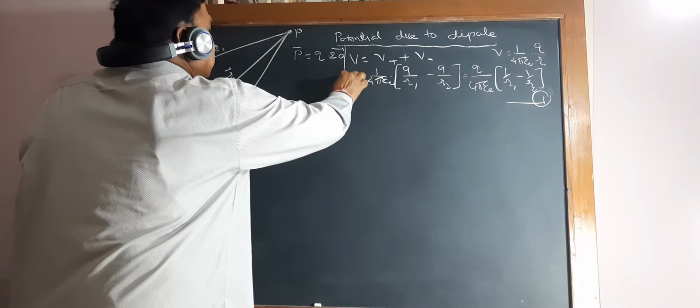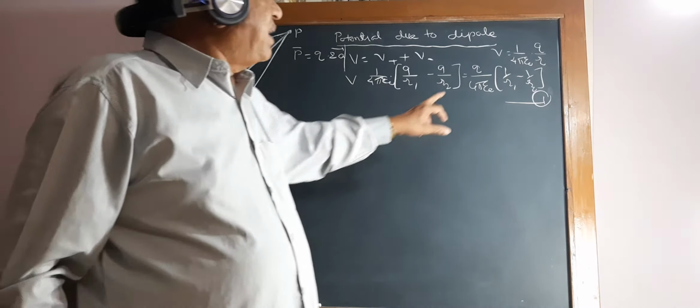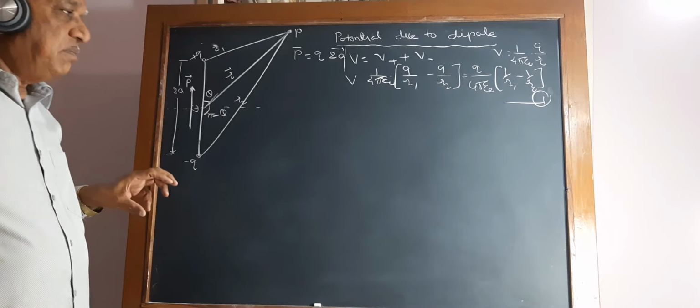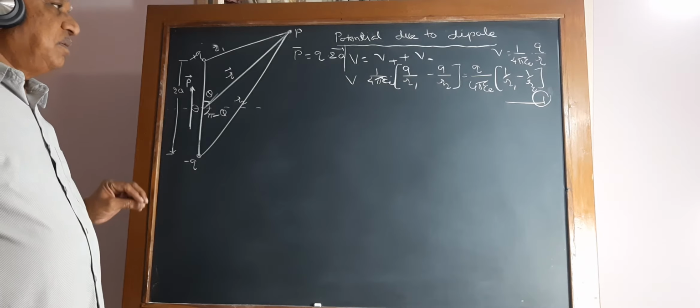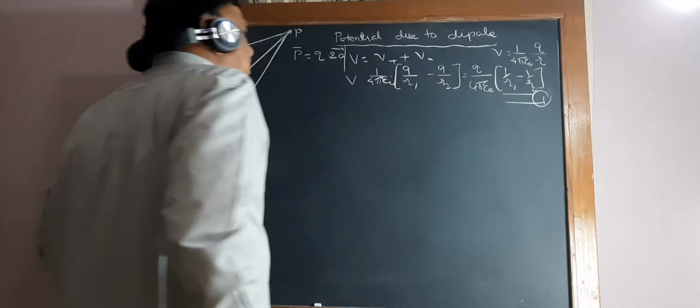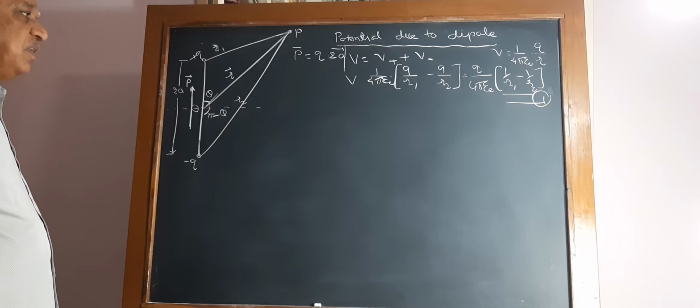Now see, if the values of 1 upon R1 and 1 upon R2 are known, then by substituting these we get the answer. The main point is the term 1 upon R1 minus 1 upon R2.